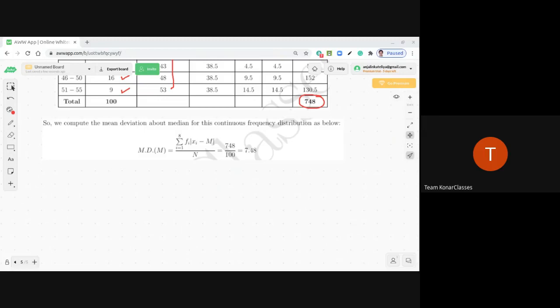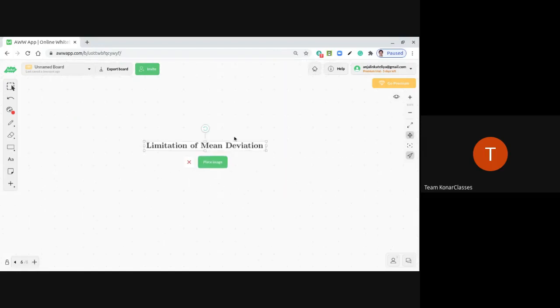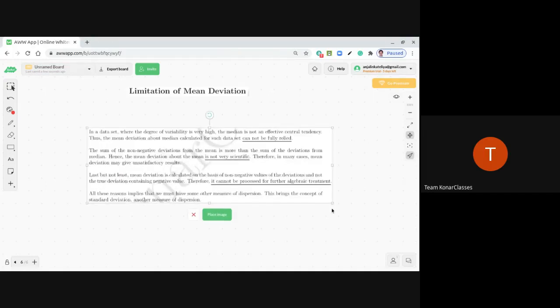I would really appreciate it if you experiment with all this by solving numerical problems, to see whether these limitations make sense or not, and we can have an open discussion in the next class.